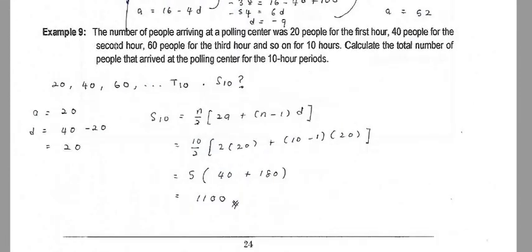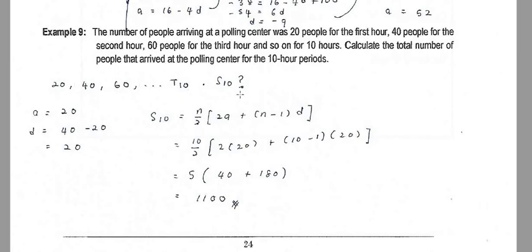Example 9. The number of people arriving at a polling center was 20 people for the first hour, 40 people for the second hour, 60 people for the third hour, and so on for 10 hours. So in total, we have 10 terms. 20, 40, 60 until the 10th term.